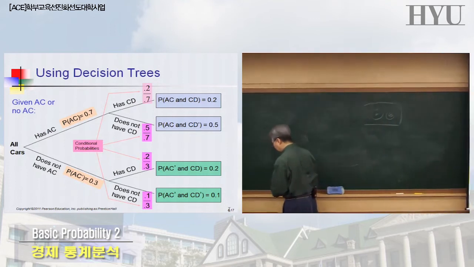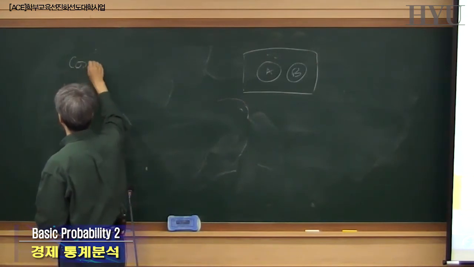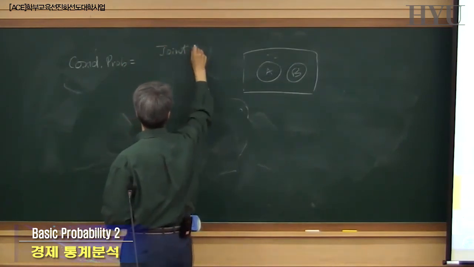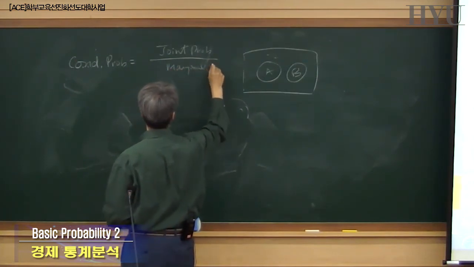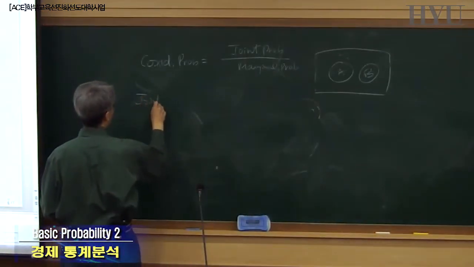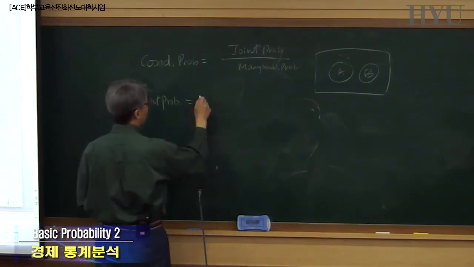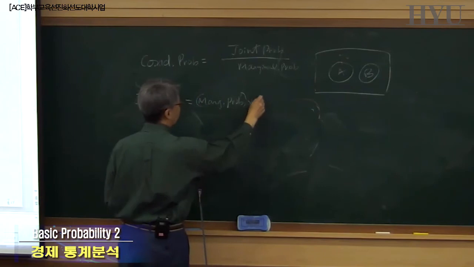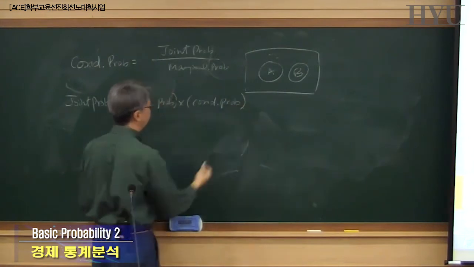From the fact that conditional probability is joint probability divided by marginal probability, we can say joint probability is, let's say, marginal probability times conditional probability, right?